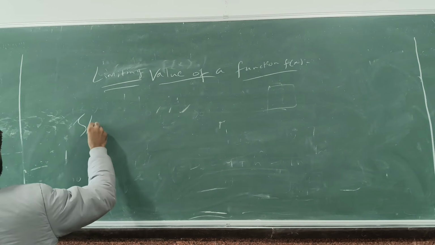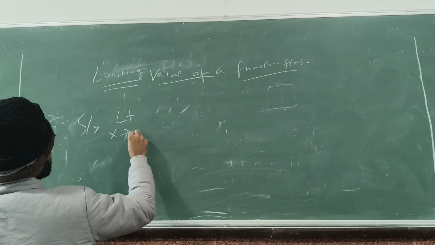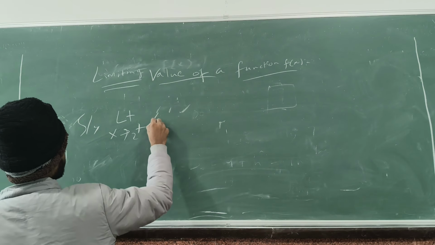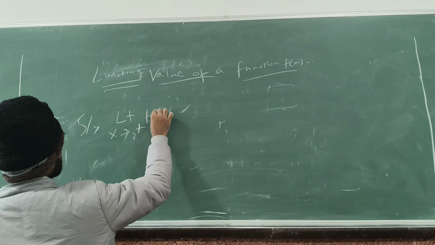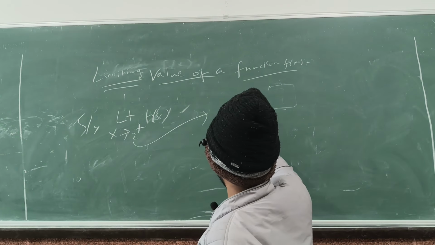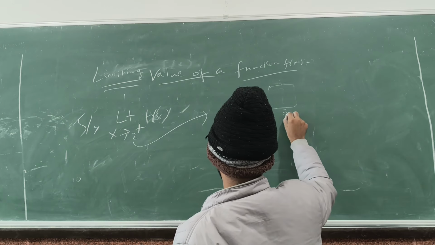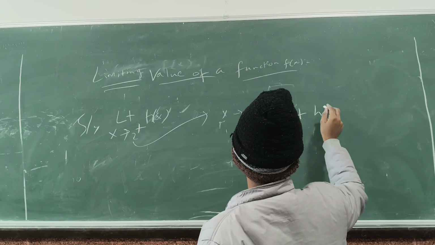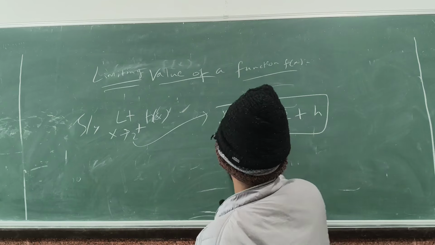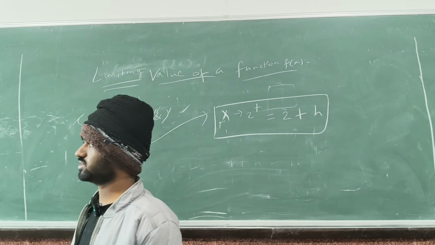Similarly, limit x tends to 2 plus f of x, we can replace x with 2 plus h. Before we wrote 2 minus h, now we are writing 2 plus h.